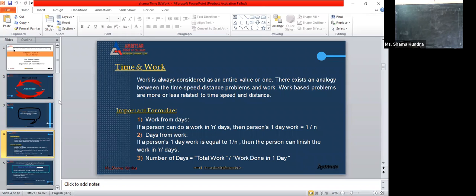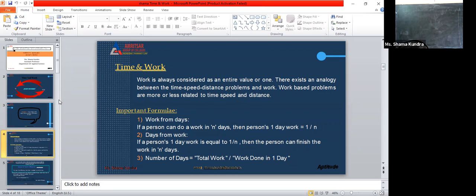If the number of men increases, the amount of work done will increase, because 20 men will do more work, and so the number of days, or the time required, would decrease.